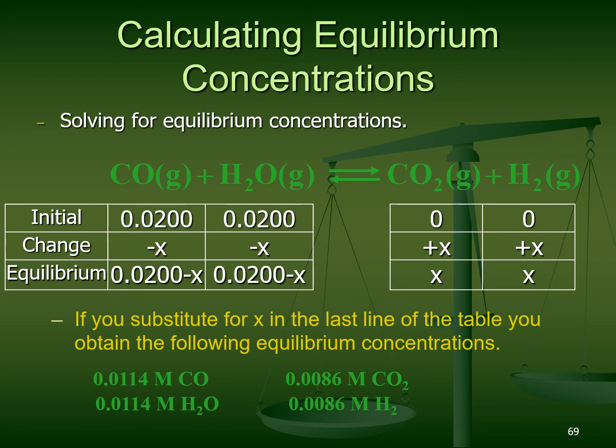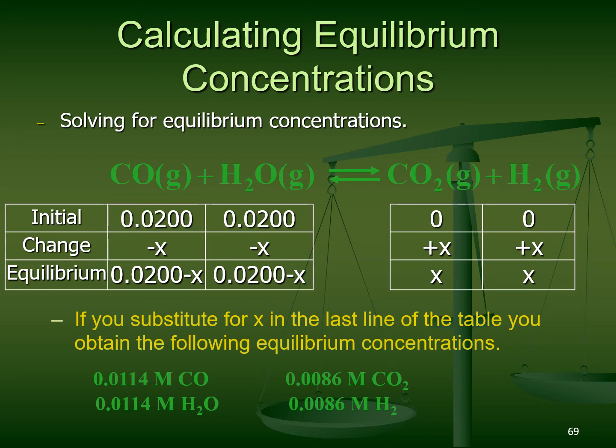So our two reactants, which are both 0.0200 minus x, if you plug in 0.0086, you will get 0.0114. So both the CO and the H2O are 0.0114 molar, and then both the CO2 and the H2, since they're just equal to x, will be equal to 0.0086, both of them.